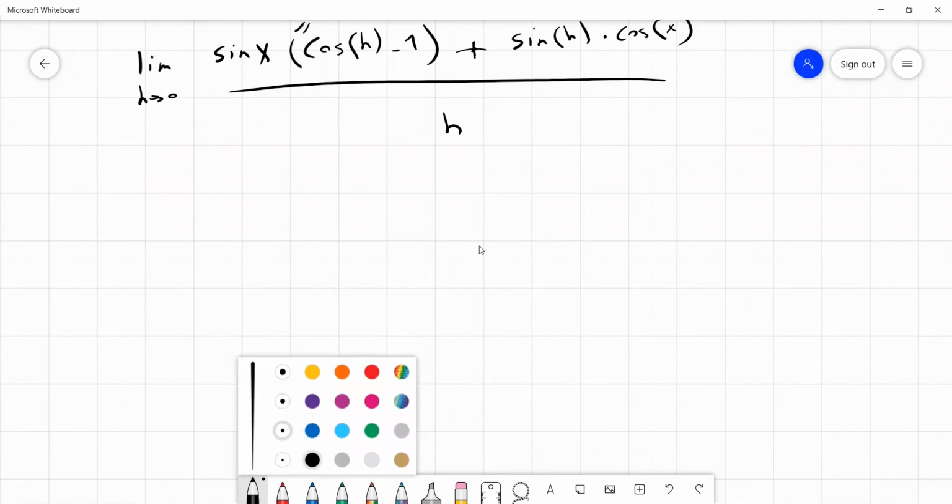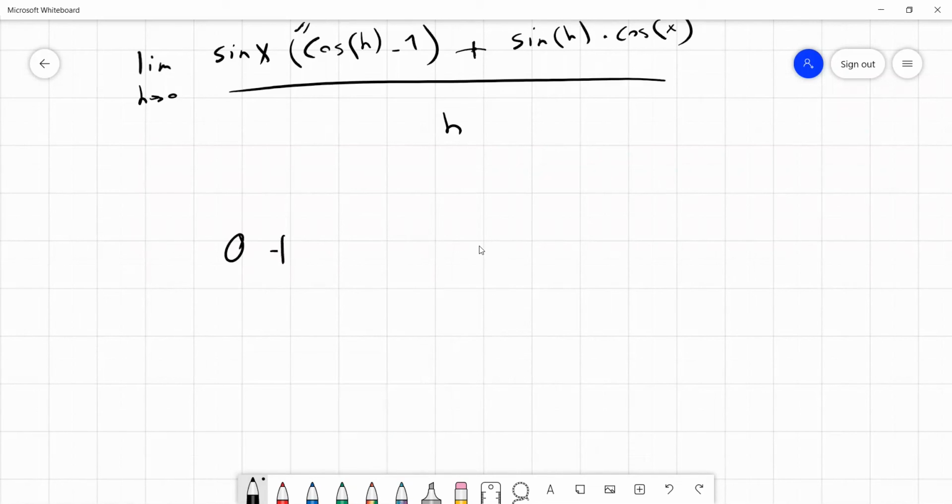Okay, so we have a 0 plus sine h over h, which was just a 1, times cosine x. And that just leaves us with cosine x.